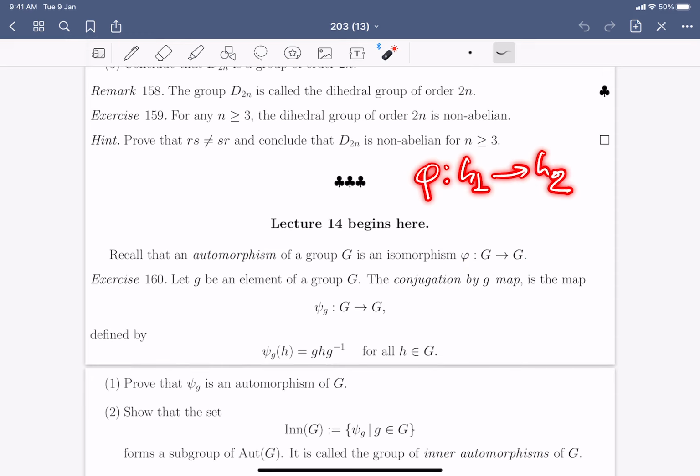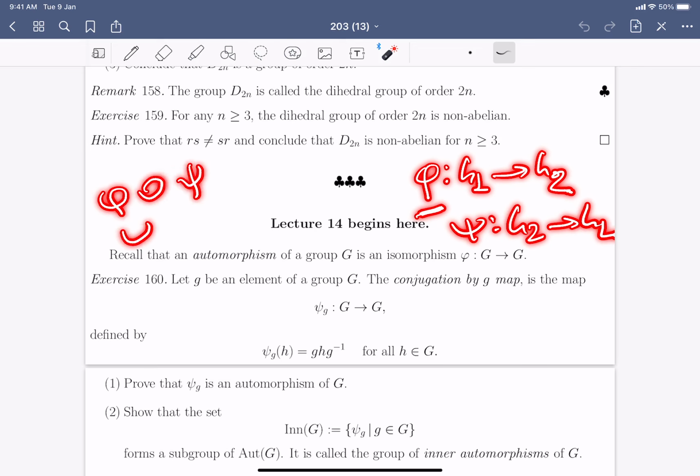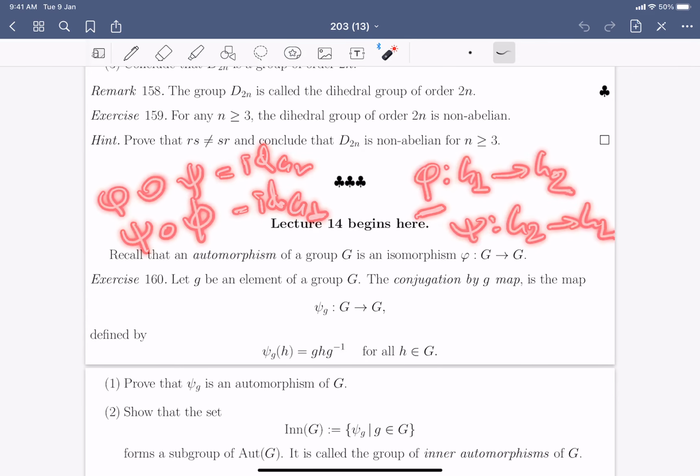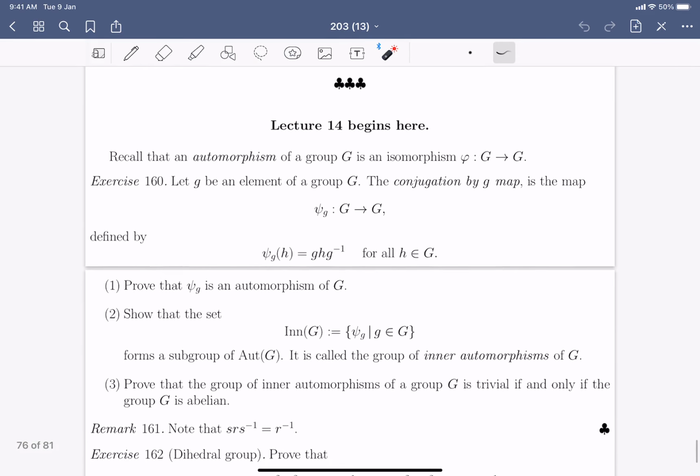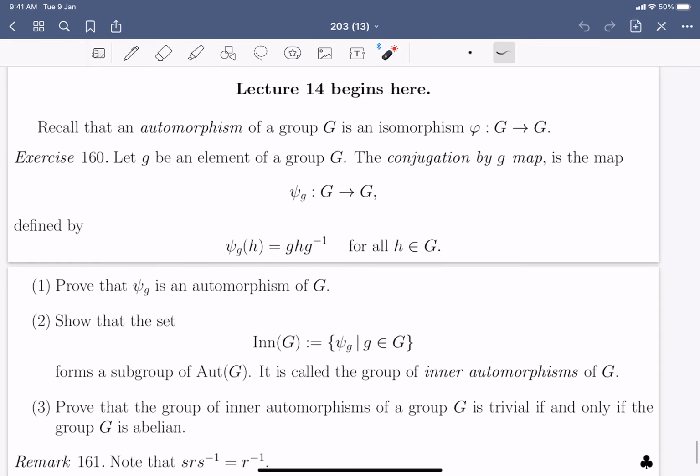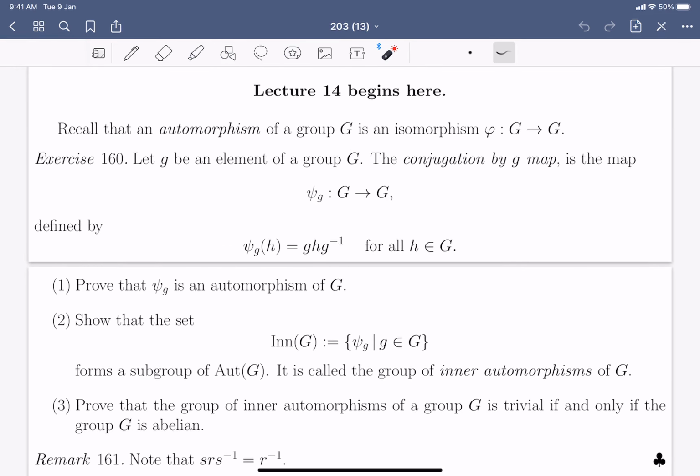An isomorphism from G1 to G2 is a group homomorphism phi from G1 to G2, such that there exists a map psi from G2 to G1 such that both the compositions are identity on the respective domains. Go back to the definition if you need to.